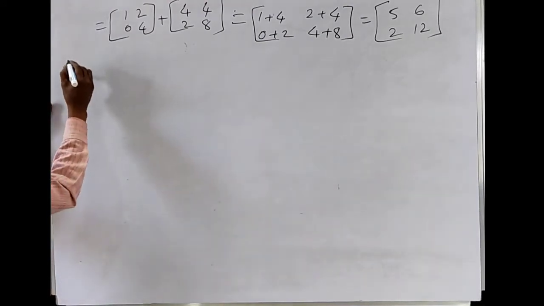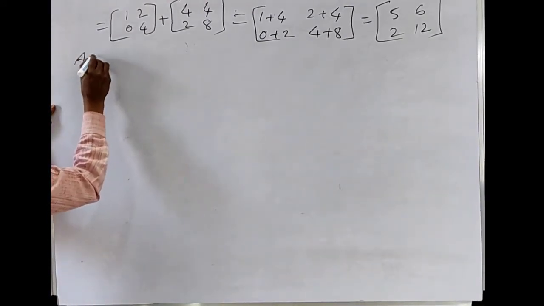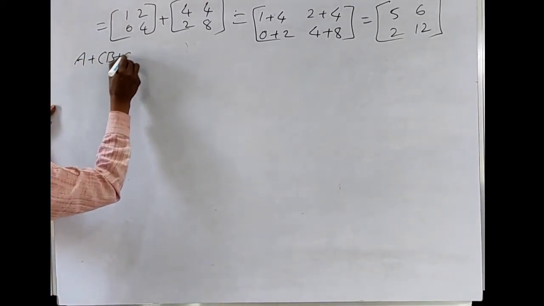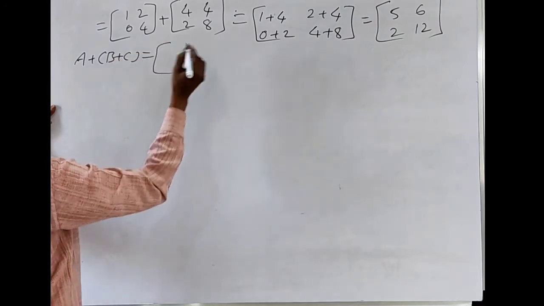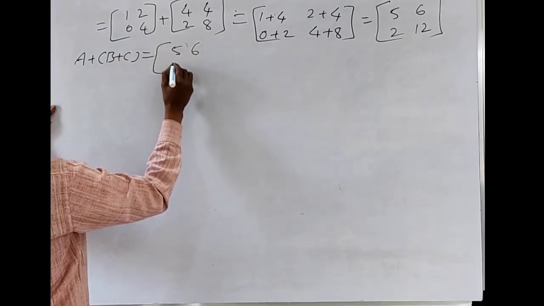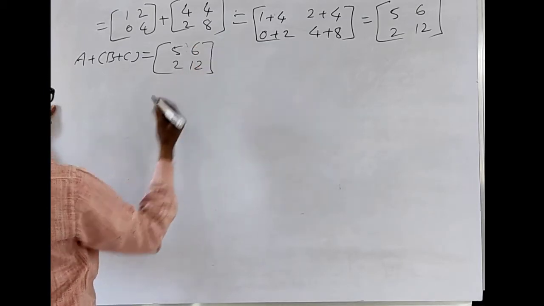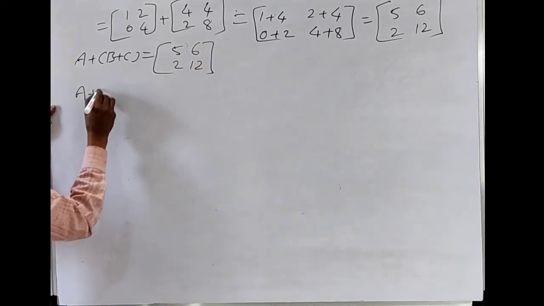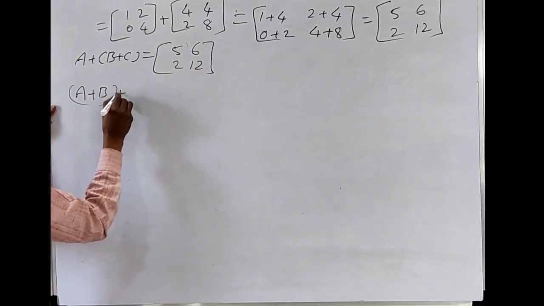So A plus (B plus C) is equal to [5, 6; 2, 12].